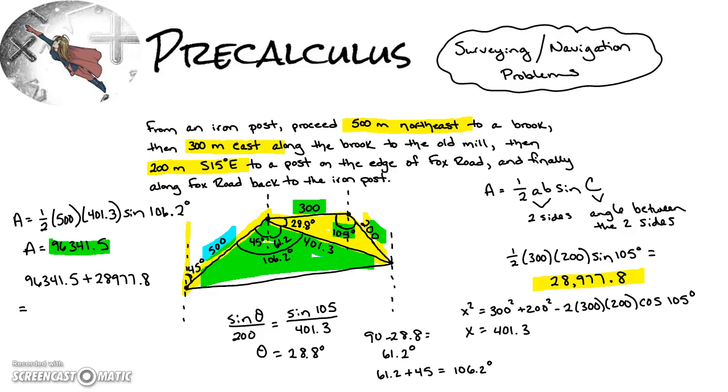And I did that on the calculator already, and that equals approximately 125,319. That's just rounded, and meters. So this is area, so this would be meters squared for your final answer.